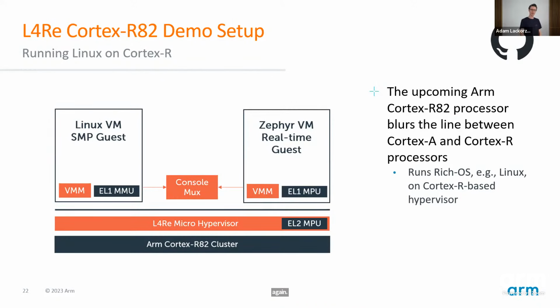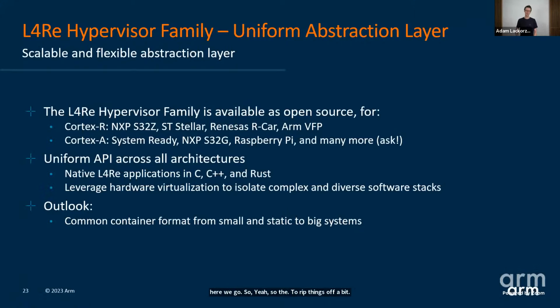So to wrap things up a bit, the L4Re Hypervisor family now provides you this uniform abstraction, so that you can run your different operating systems, be it Linux, Zephyr, FreeRTOS or whatever, inside a VM if you need, and you can deploy it on Cortex-R, on Cortex-A, and it's a uniform API that everybody can use there.